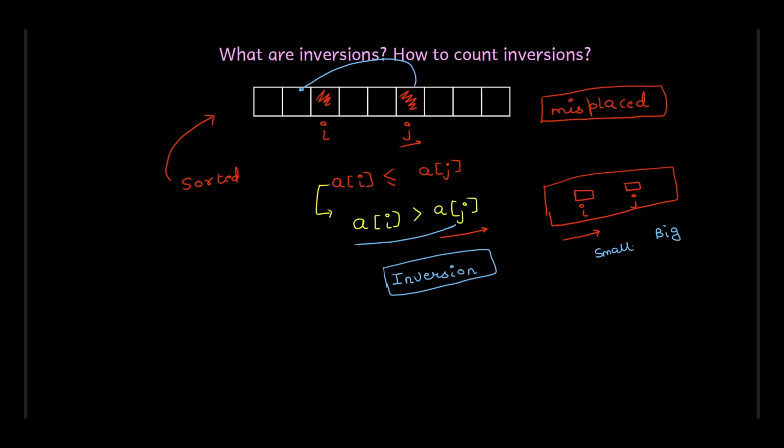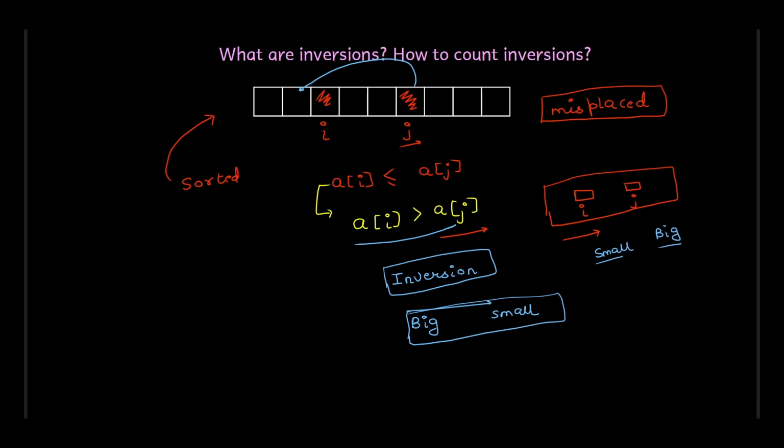But if the opposite is happening, it means that these two elements are inverted with respect to the sorted order. So if big appears on the left-hand side and small appears on the right-hand side, then this is an inversion in the array.